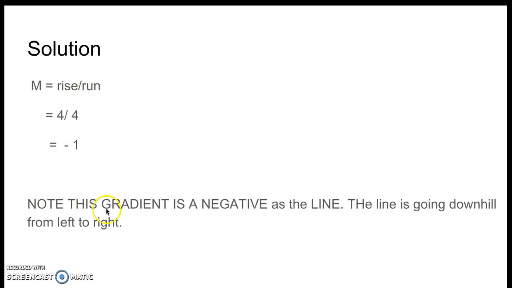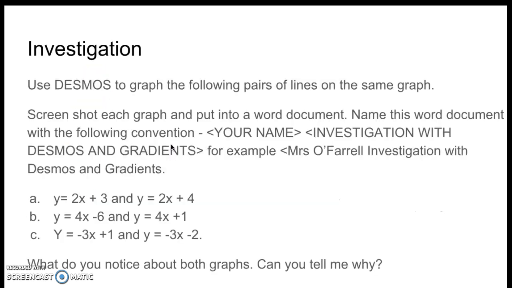Remember, a minus gradient is negative. The line is going downhill from left to right. You can go back to yesterday's. I want you to practice a few, but I want this to be included. Then I have an investigation for you.